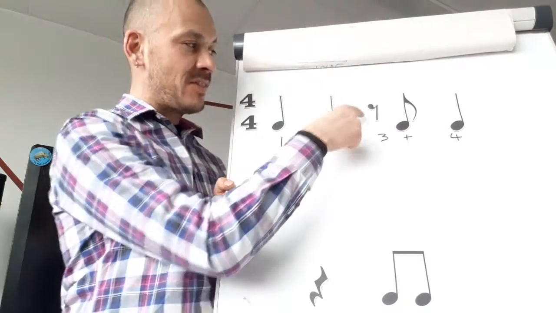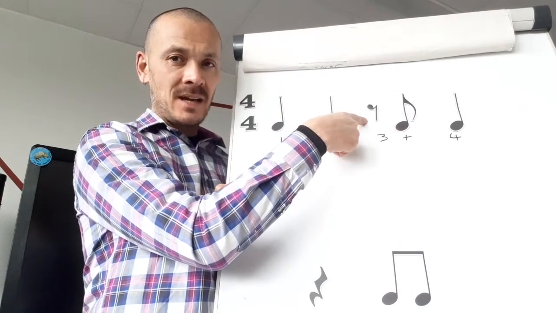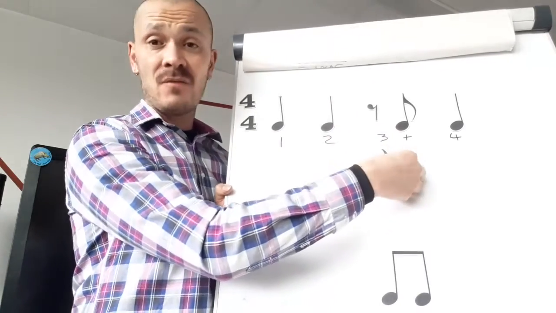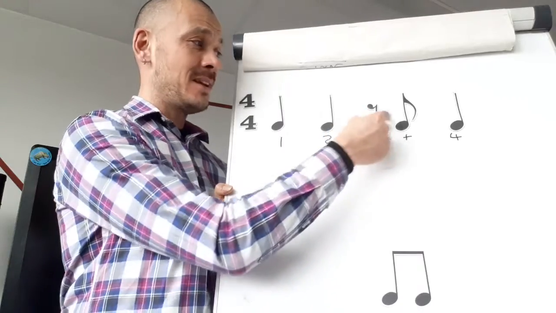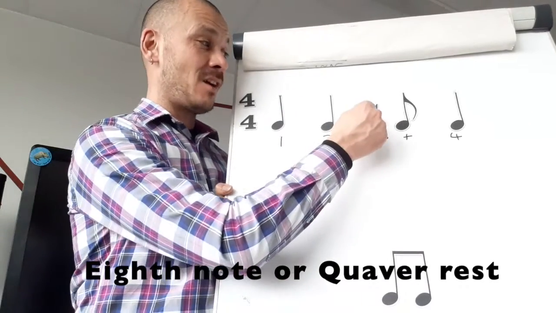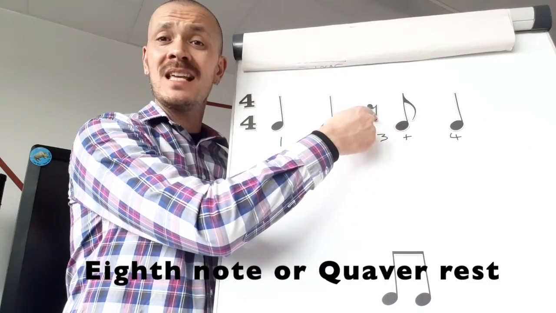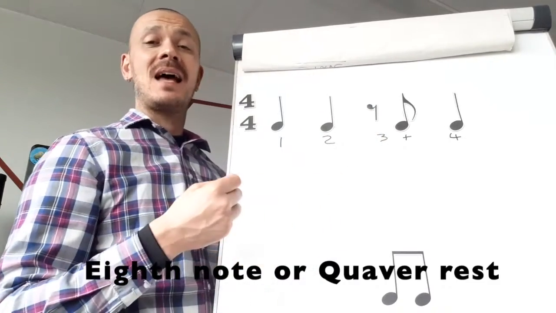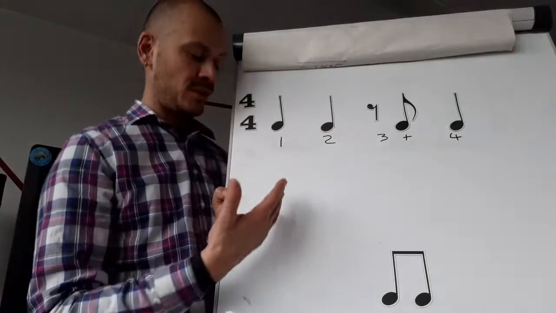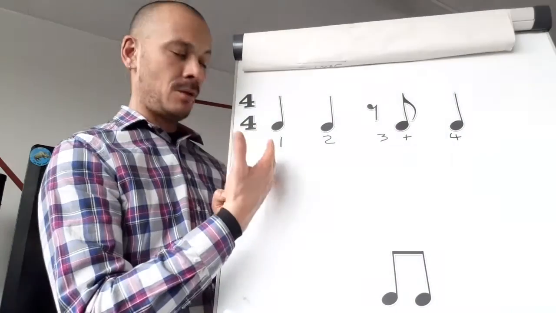Okay. Now this rest, which is a different type of rest to that one, as you can see, has a different value. Its value is that of an eighth or a quaver. It is a rest that lasts for an equal amount of time as a quaver. But in my rhythm, I want to clap on beat 1.